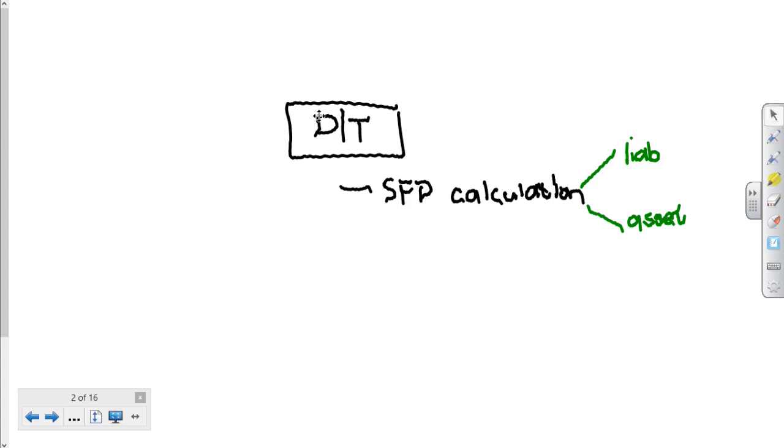This deferred tax calculation looks like this. Whenever you get asked to do a deferred tax calc, you're going to set up a table, and that table looks like this. Carrying amount minus tax base equals temporary difference, times minus 28%. I'm going to explain to you why I say it's minus 28%.